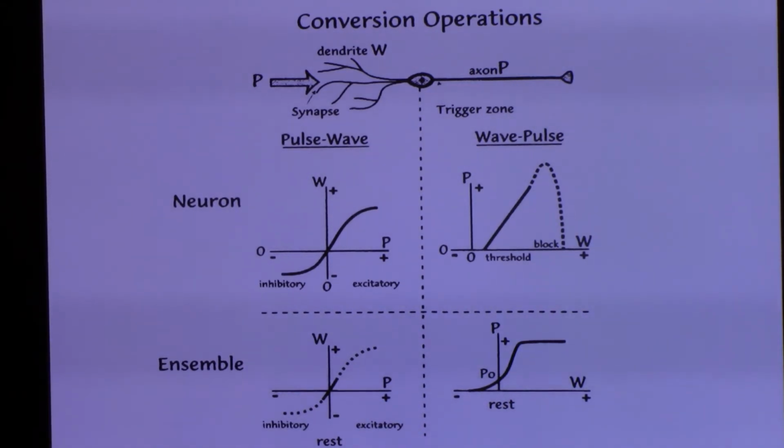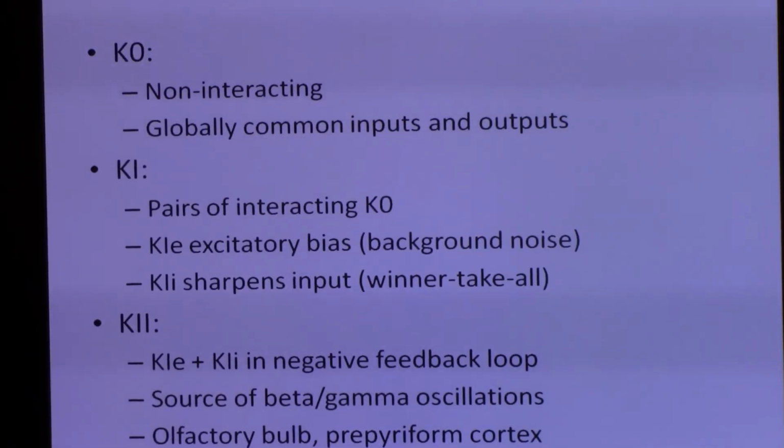The refractory periods of the individual neurons keep them from getting into runaway excitation. So you can have a group of neurons that are exciting themselves and they don't go crazy, just like people at the football game don't go crazy unless you do something crazy. So in a normal state, excitatory neurons can generate this background noise that's observed in the brain.